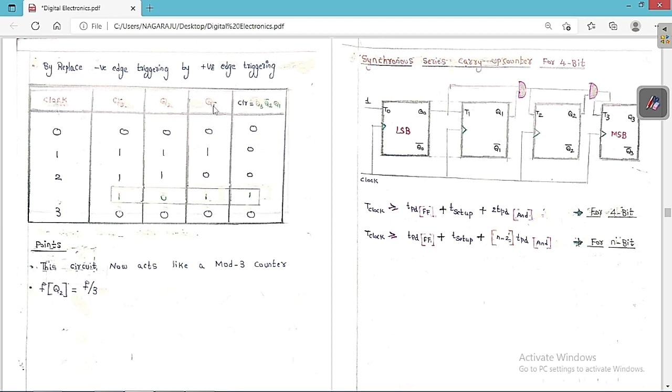I have written wrong here. Actually this is Q0, Q1, Q2 and this is Q0, Q1 bar, Q2. But anyway the concept is the same.